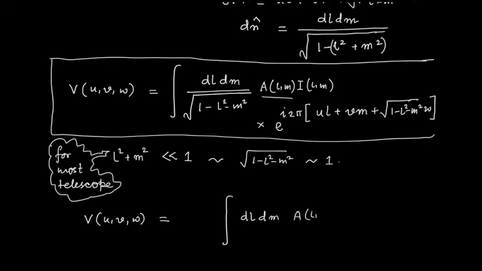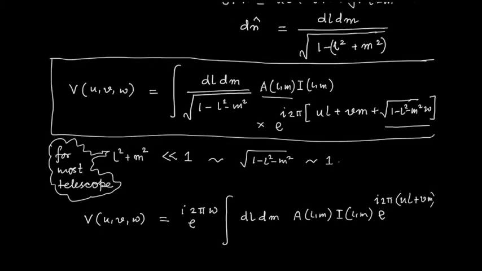I have A_lm here and I_lm. In the phase, I have 2 pi (ul plus vm). And the other part is 1 times w, so it's not a function of L and M anymore if I have taken that approximation. So this is i 2 pi w.